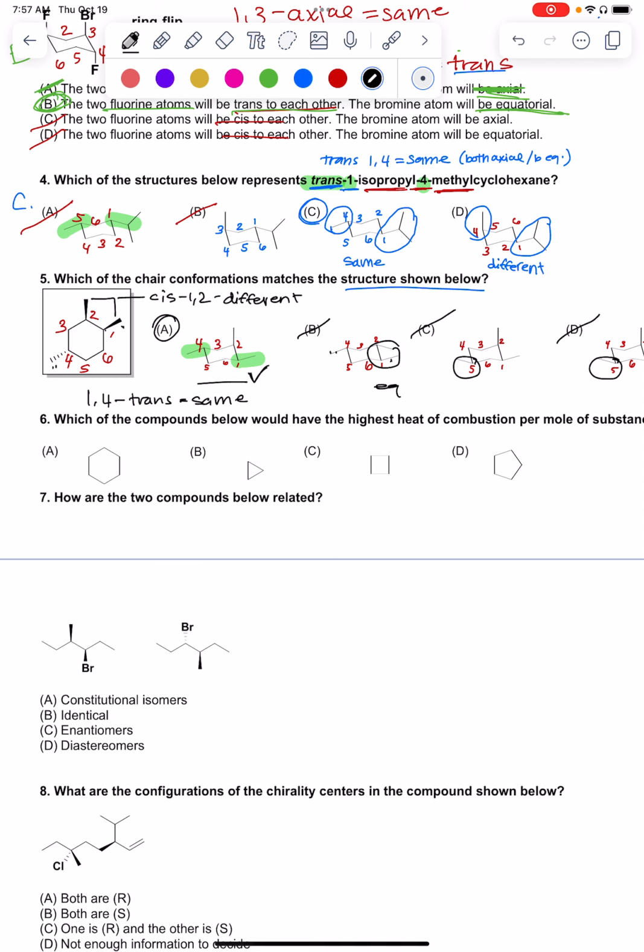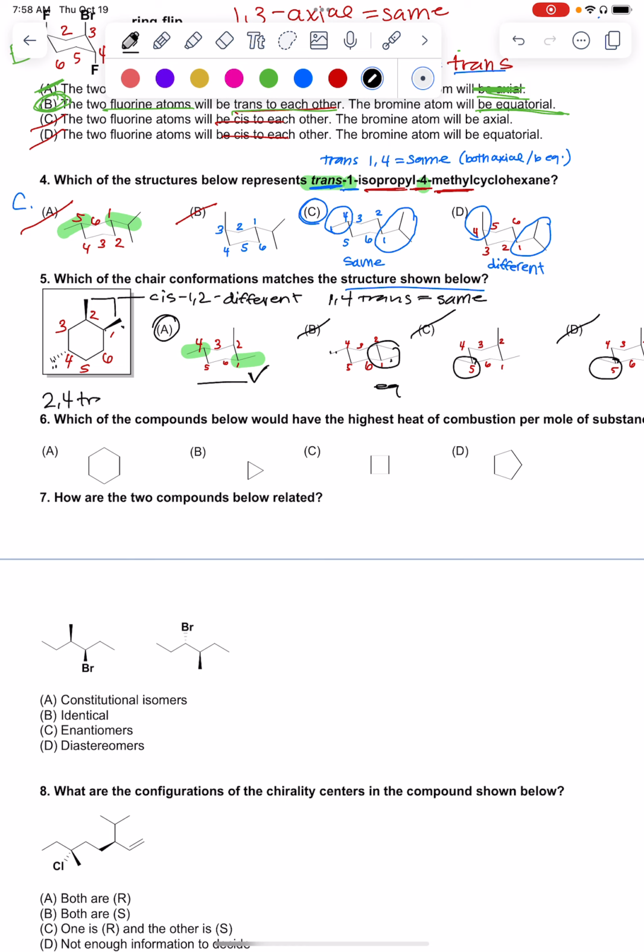And you could check that by saying 2 and 4. And this is just, I'll put this up here. 1, 4. These are trans. They have to be the same. 2 and 4 relationships are just like 1 and 3 relationships. And so if you had a 1, 3 relationship, or a 2, 4 in this case, we'll put 2, 4.